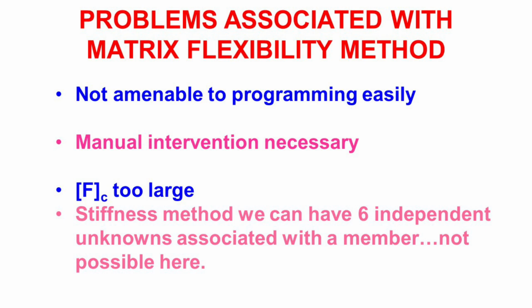Finally, now we see a comparison between the stiffness approach and the flexibility approach in terms of the unknowns. In the stiffness method, if we consider a frame member, we can have 6 independent unknowns because they are all displacements. But in the case of a frame member solved by the flexibility approach, we can have at the most 3 unknowns because there are 3 equilibrium conditions.